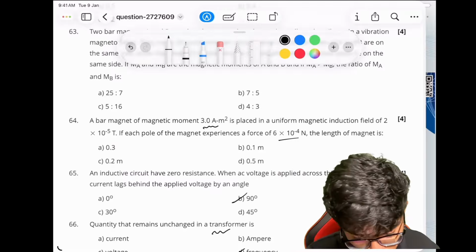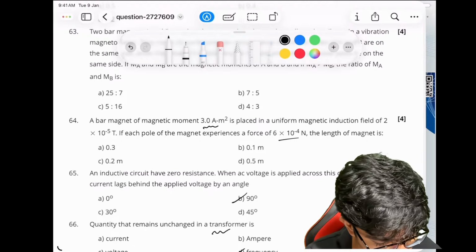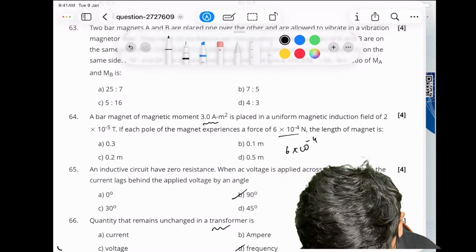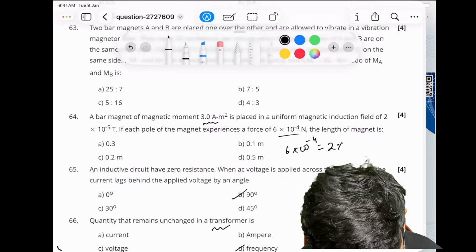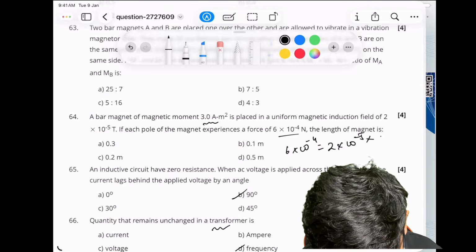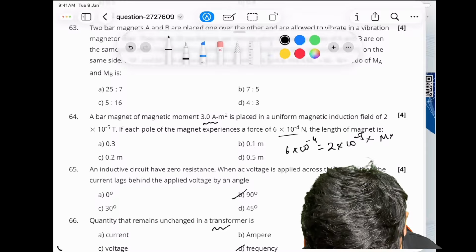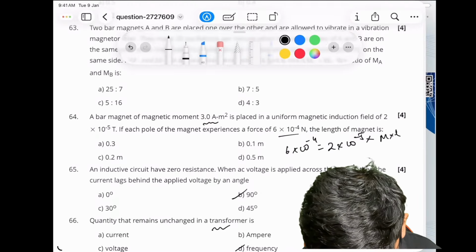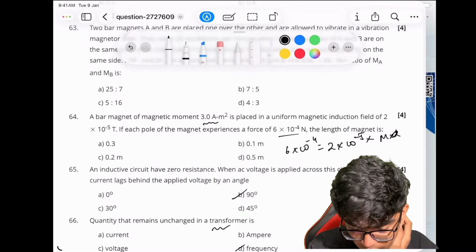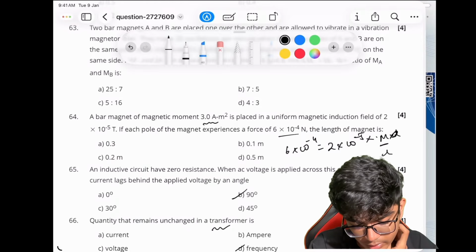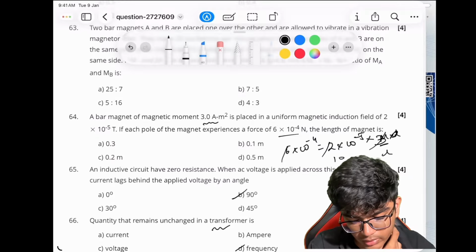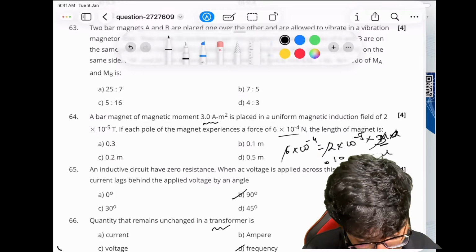So 6 into 10 power minus 4 is equal to field 2 into 10 power minus 5 into magnetic moment, which is pole strength M into L. Magnetic moment divided by length is nothing but 3. 6 cancels, 10 power 1, so it's 1 by 10, or 0.1.